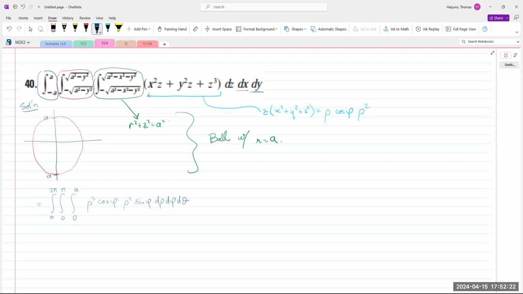Okay, and because the domain is quote-unquote rectangle and the integrand is separable, we can split that into the product of three integrals: integral from 0 to 2 pi d theta, integral from 0 to pi of cosine phi sine phi d phi, and then integral from 0 to a of rho to the fifth d rho.